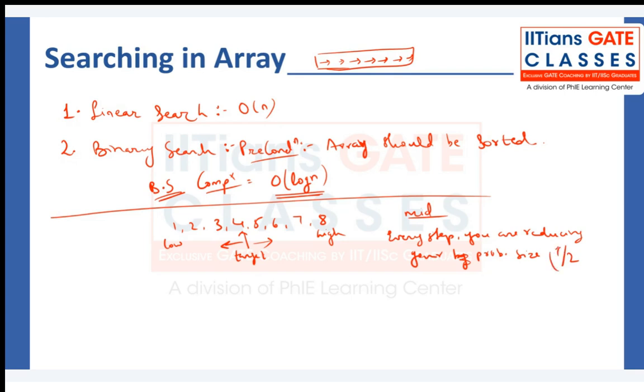So at every step, you're halving the problem size. Suppose you have n elements, then in the next step you will have n by 2, and so on.